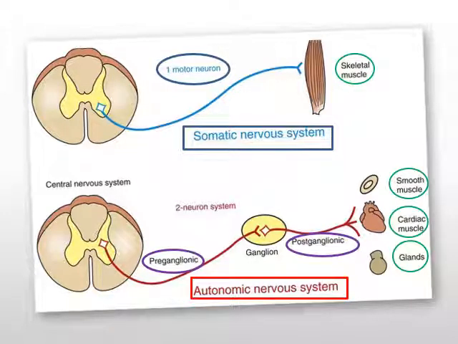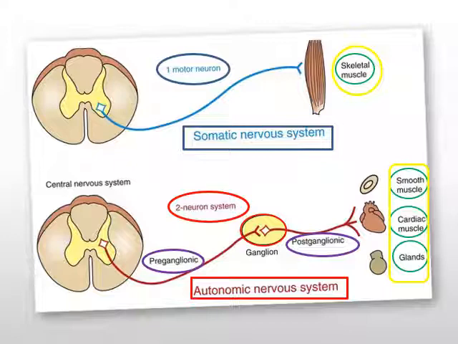The preganglionic fibers relay in the ganglion, and the postganglionic fibers arise from the ganglion. So it's called a two-neuron system. Remember that the somatic nervous system controls voluntary actions, while the autonomic nervous system controls involuntary actions.